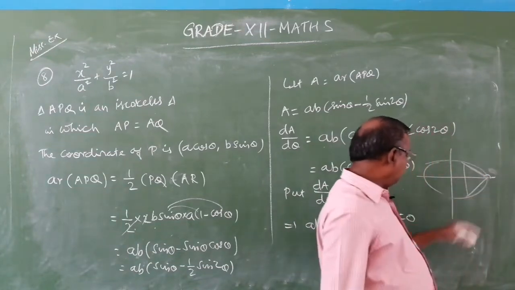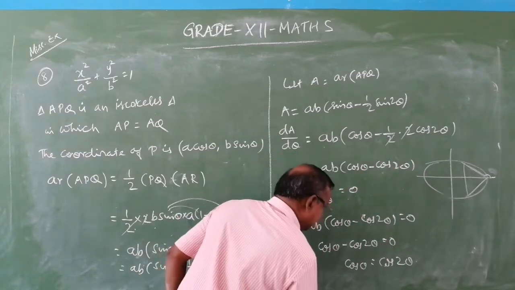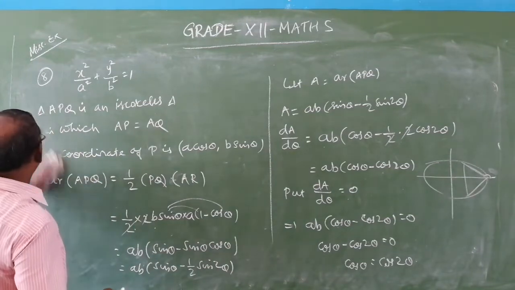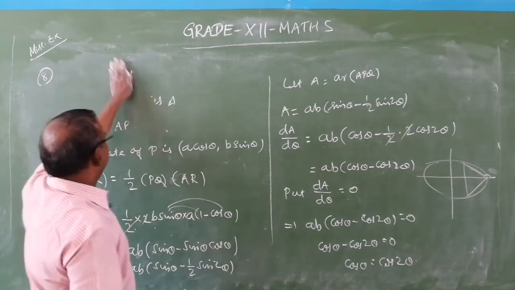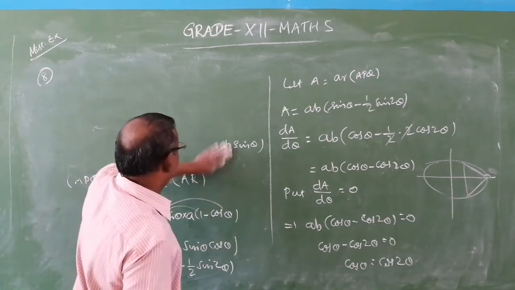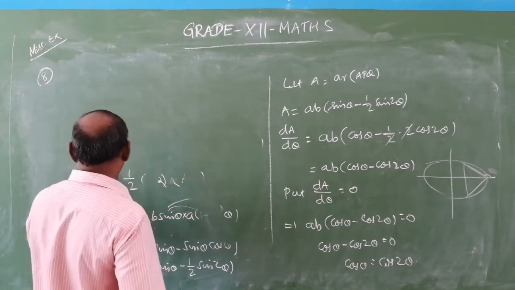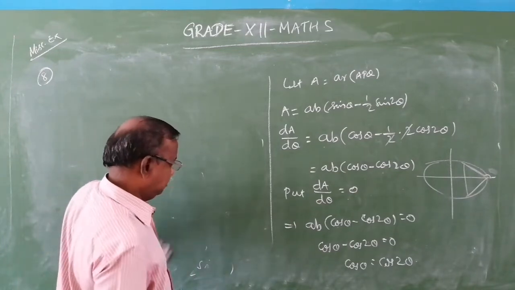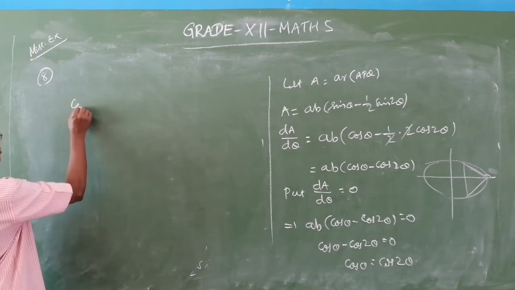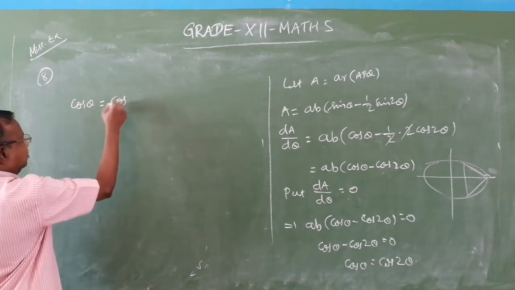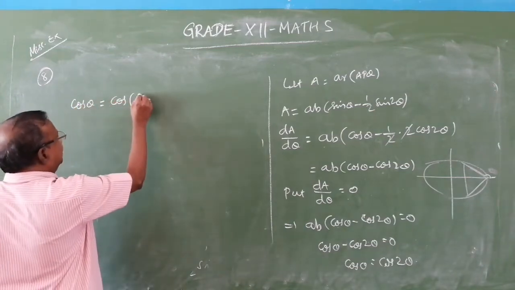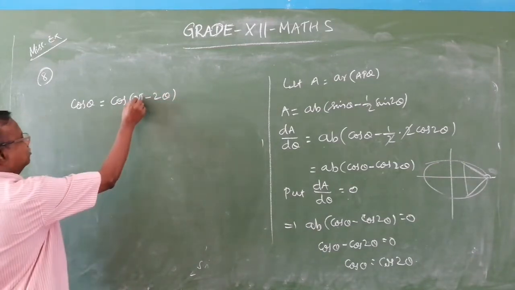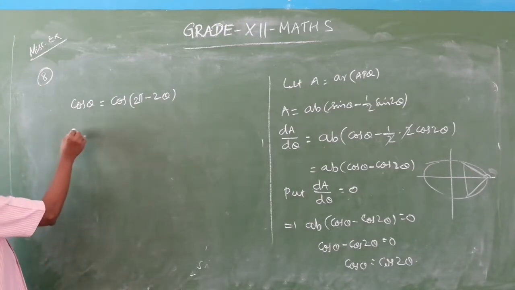Clearly the angle is obtuse, therefore we can take cos theta equal to cos of 2 pi minus 2 theta.